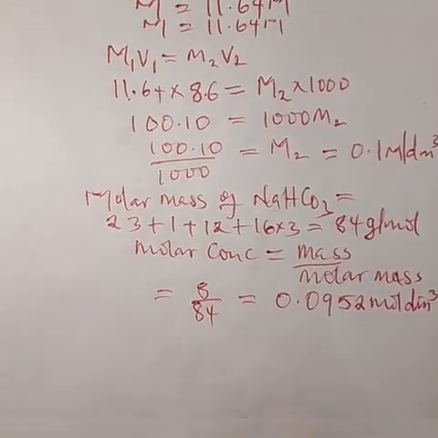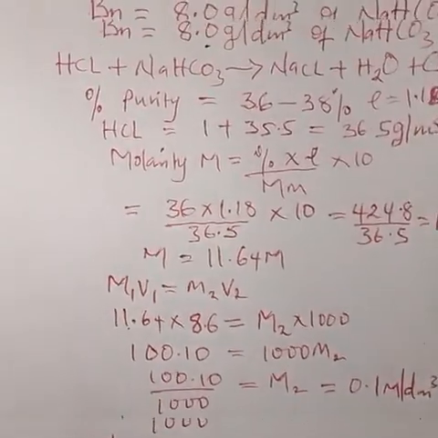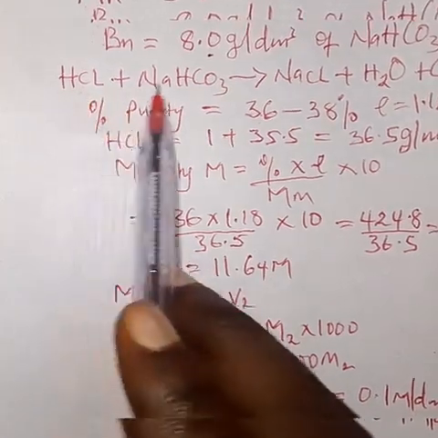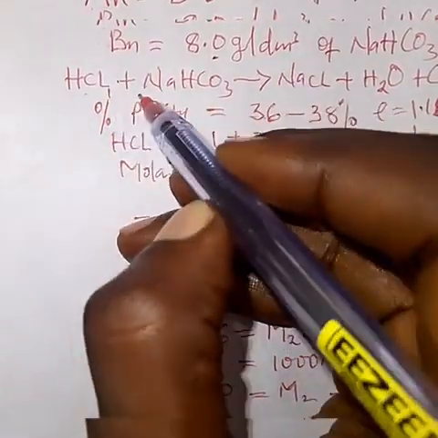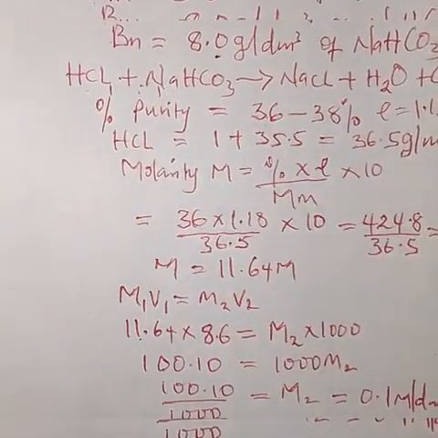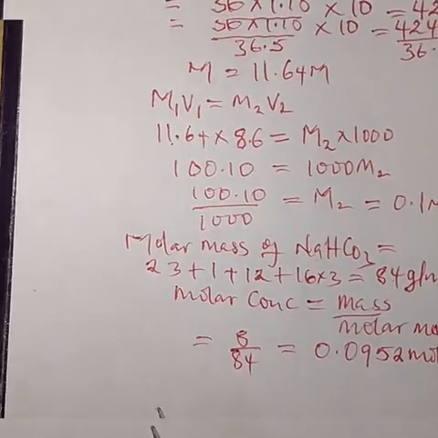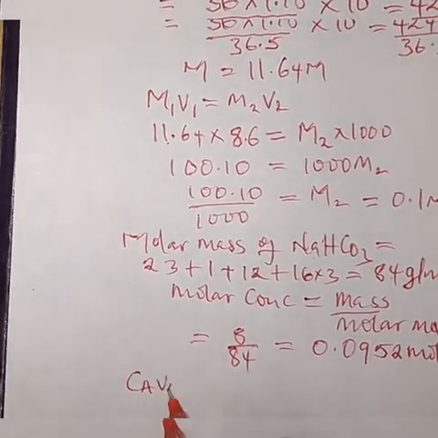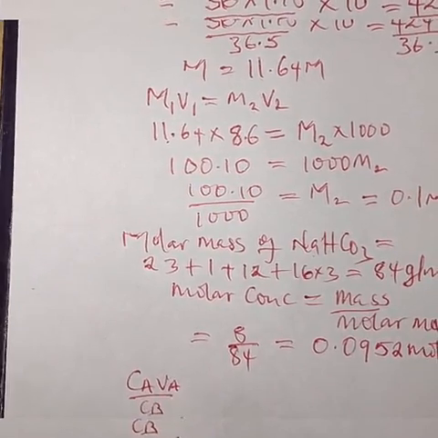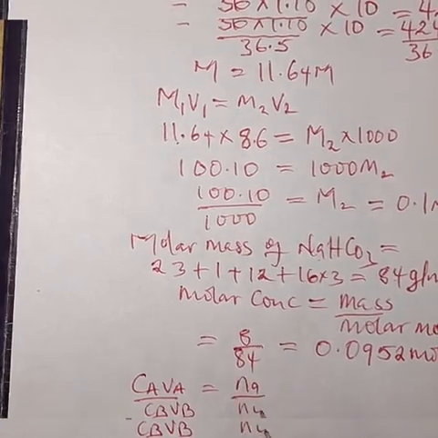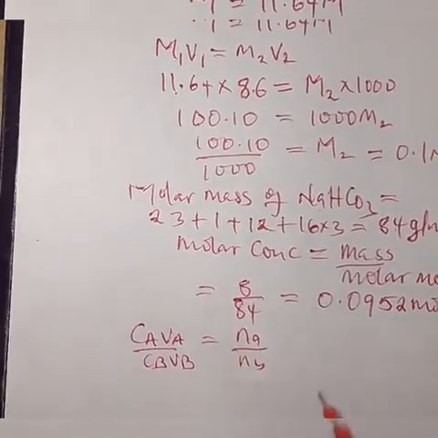So since we have been able to get these two concentrations, you can now use your formula to get the other one you need. You understand? Of course, this formula is no longer a new thing for you, and that's equal to this other right side. Of course, nobody will say that you don't know about this.